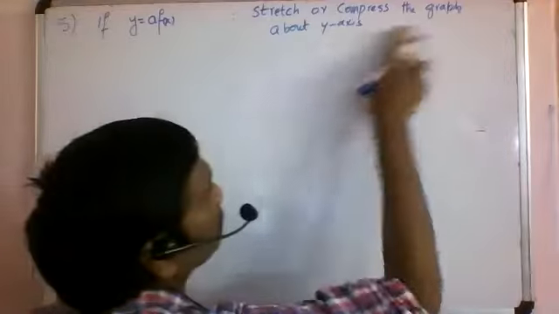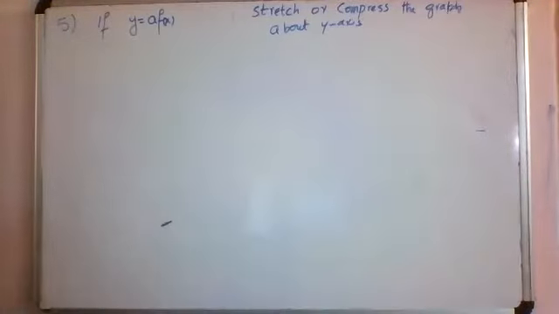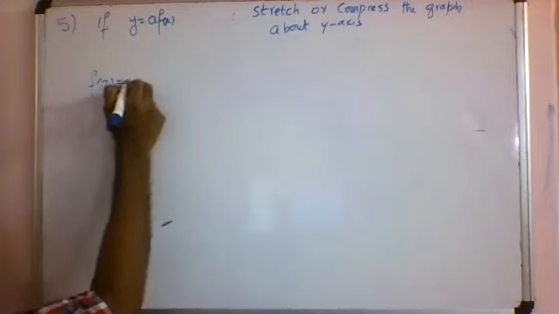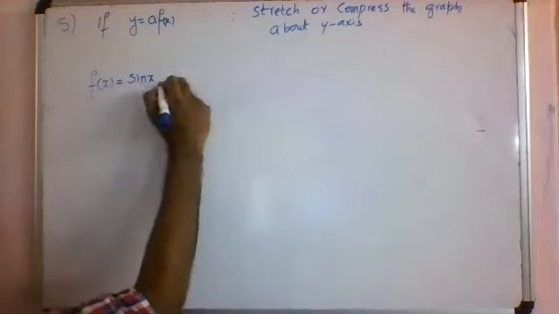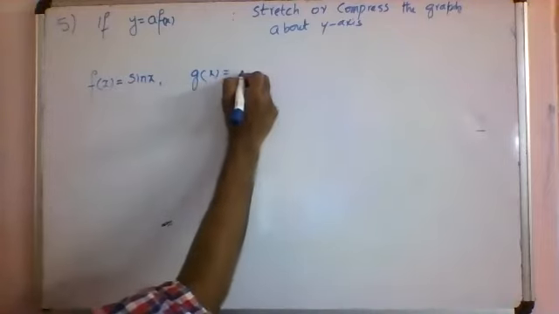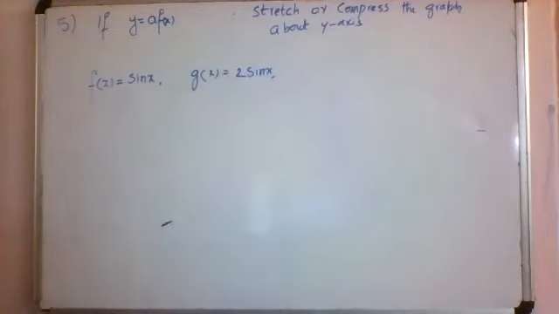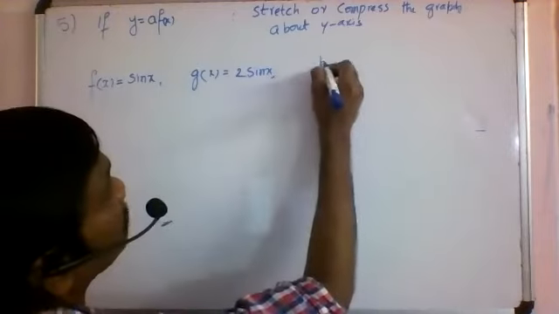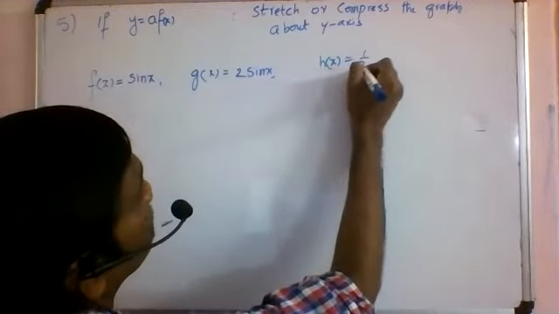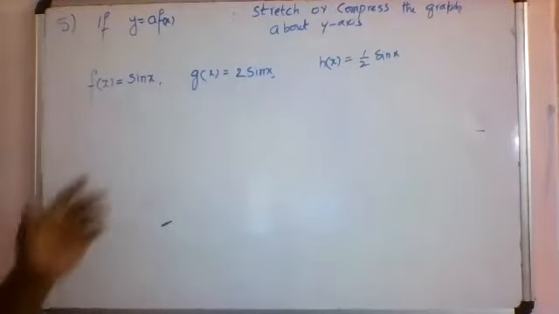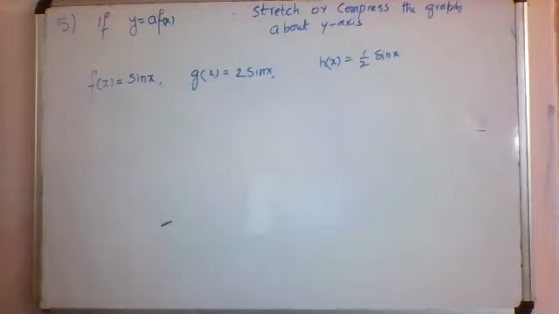Let us have a look here. I take a function sin x, the basic function. Now from this I write 2 sin x, and h of x is half sin x. I think now you understood what a is: when we stretch and when we compress.